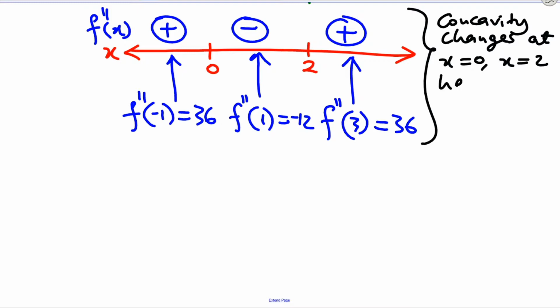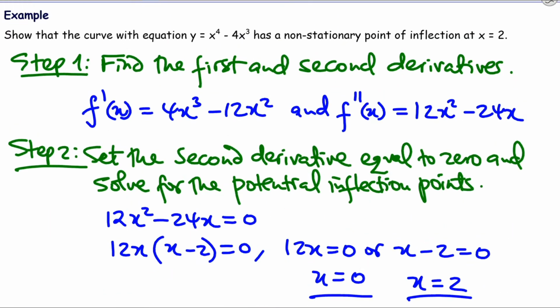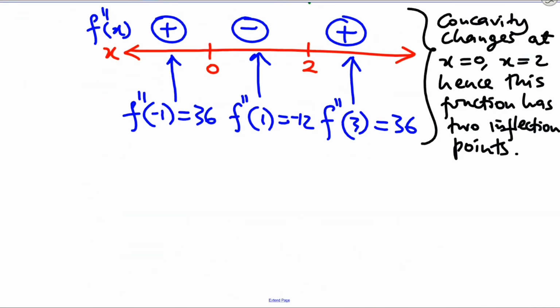So hence, that means that this function has 2 points of inflection. So this function has 2 inflection points, and remember, from the question, we need to figure out a non-stationary point. Well, which means maybe having 2 non-stationary points or something else. We need to figure it out. So which leads us to step 4.